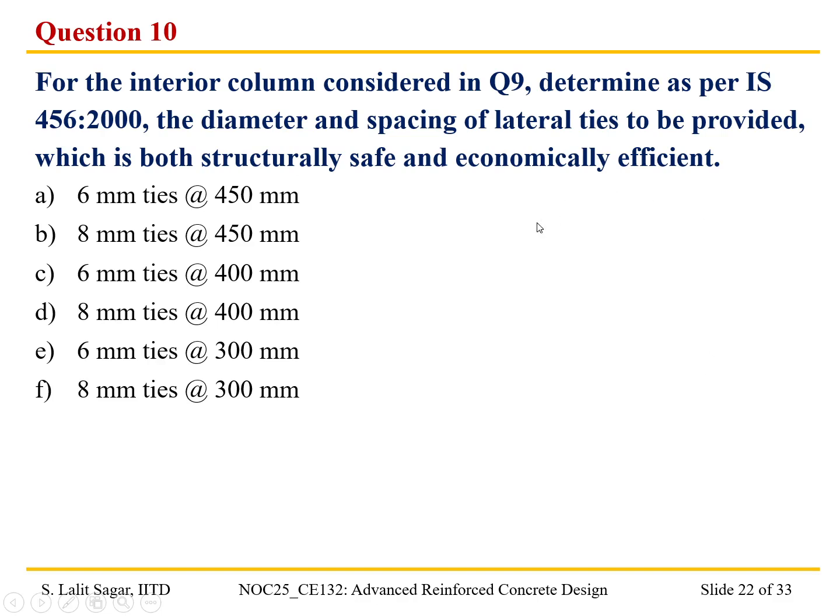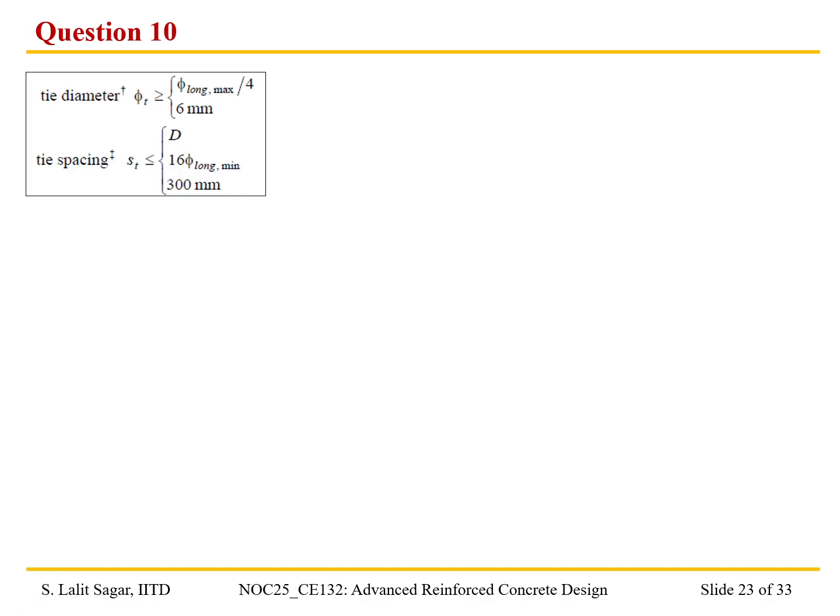So let us proceed to determine the diameter and the spacing of the lateral ties, which is both structurally safe and economically efficient. It is quite simple, right? The tie diameter should be greater than or equal to both of these values. The first value is the diameter of the longitudinal reinforcement having the maximum diameter.